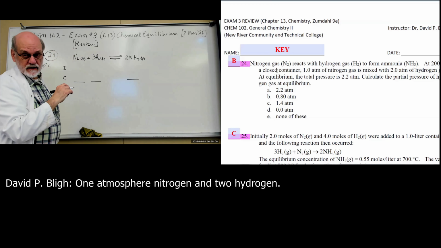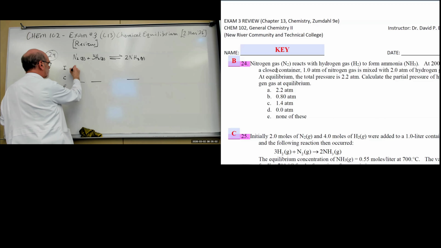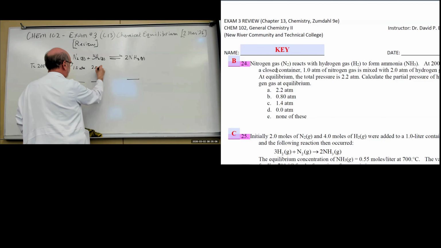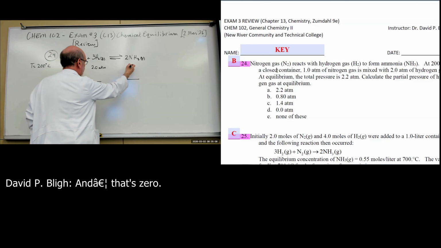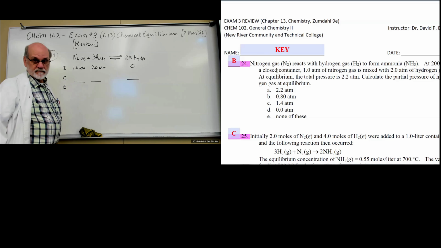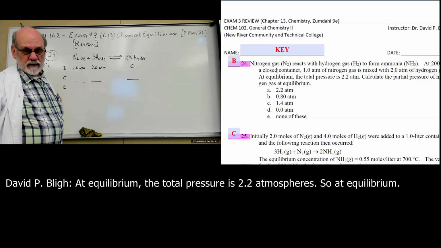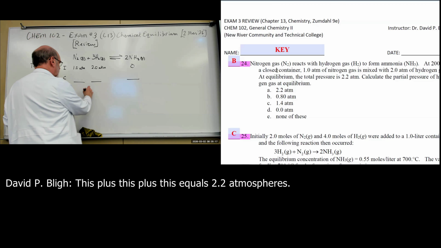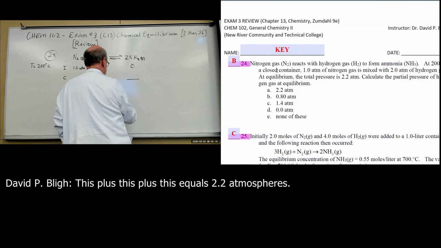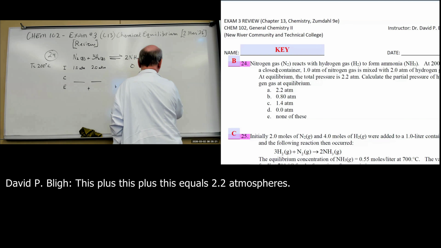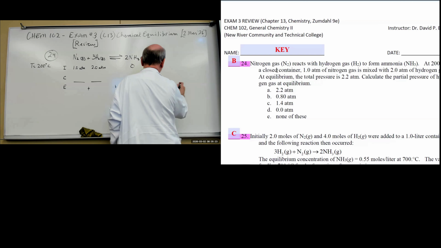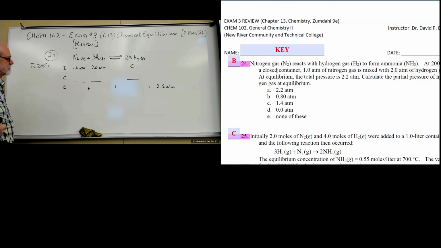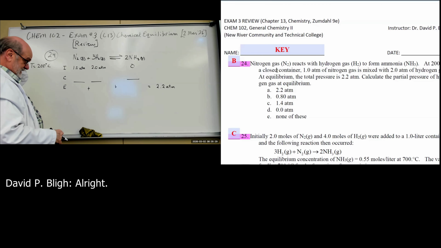One atmosphere of nitrogen and 2 hydrogen, and that's 0. At equilibrium, the total pressure is 2.2 atmospheres. So at equilibrium, this plus this plus this equals 2.2 atmospheres. Okay. All right.